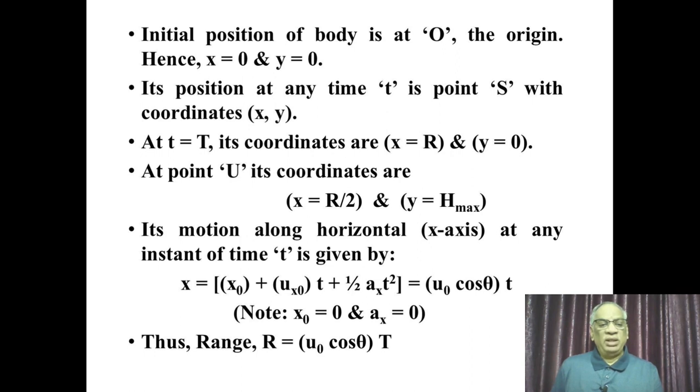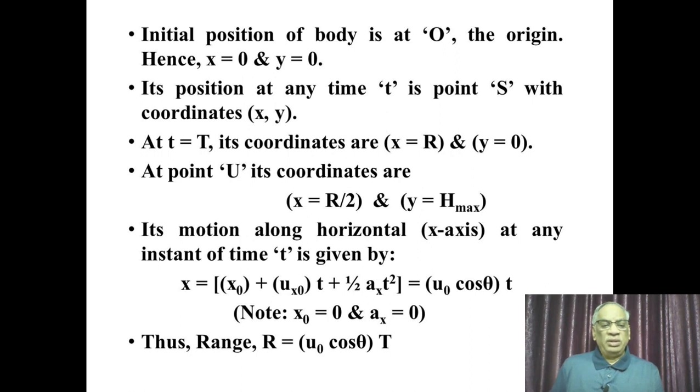At the time small t equal to capital T, that is time of flight, its coordinates become x equal to R and y equal to 0. And at the maximum height position, that is point U, x is equal to half the range, that is R by 2, and y is h max, that is maximum height.